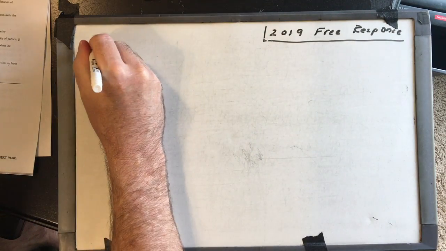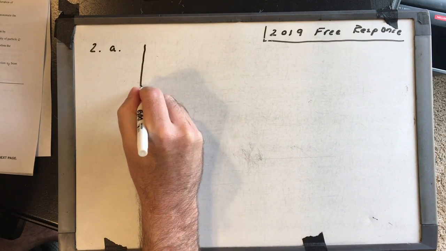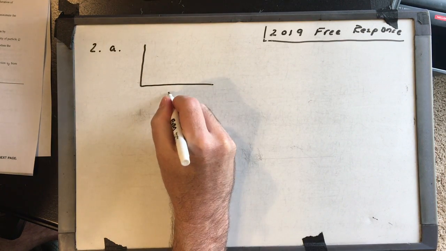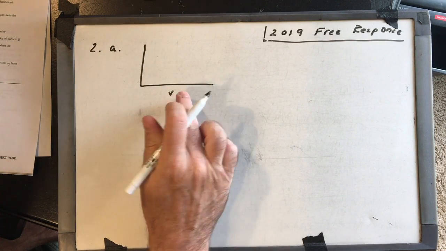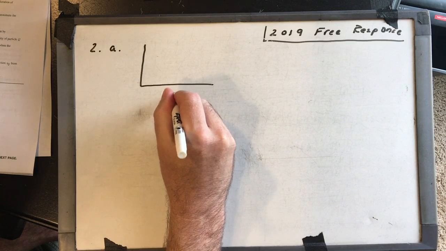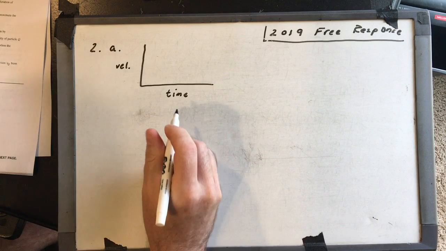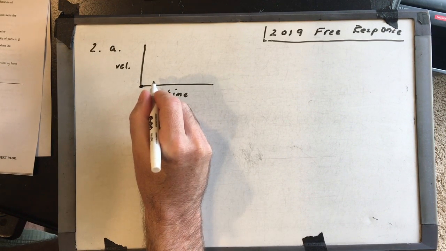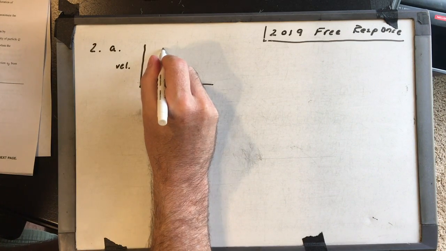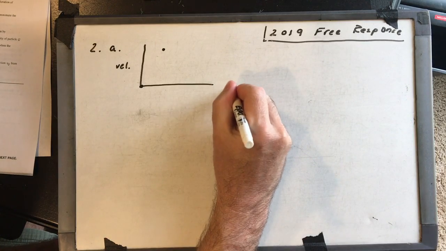Okay, so let's just do a quick graph of that, by hand. You've got time and velocity. We've got 0 and 0 at time 0. At time 0.3, it's at 55.